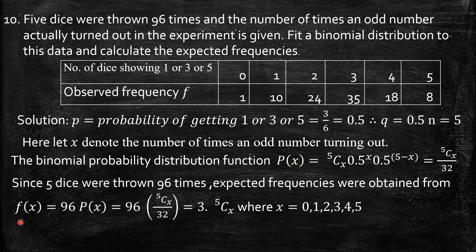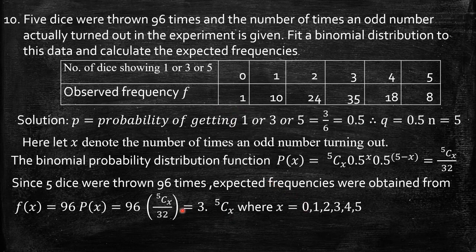I denote it as f of x. So 96 into P of x is 5Cx by 32, and 96 by 32 simplifies to 3 times 5Cx. Now I want to find the theoretical or expected frequencies for each x varying from 0 to 5, so put them one by one.